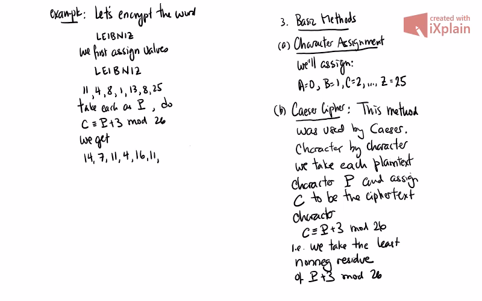It's only this last one, 25 plus 3 is 28, which reduces to 2. And then we go back to letters, and we get, in this case, O, H, L, E, Q, L, C.